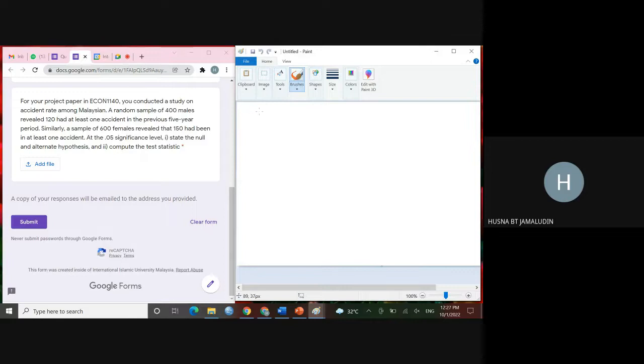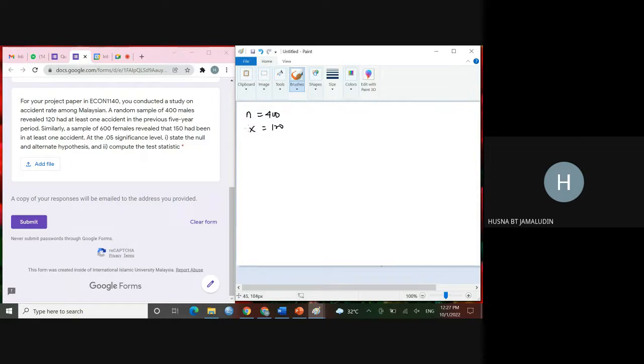It is n. And for males, it reveals that 120 had at least one accident in the previous 5 years period. So what is this 120? You observe that men have accidents of 120. So this is X.